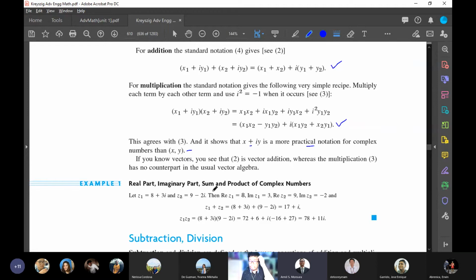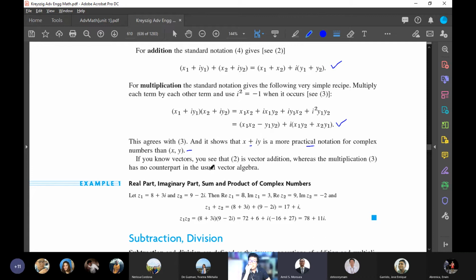So, if you know vectors, if you studied vector analysis, the study of vector analysis and complex numbers are actually related. In fact, if you studied vector analysis, you also studied, in part, differentiation of complex numbers.